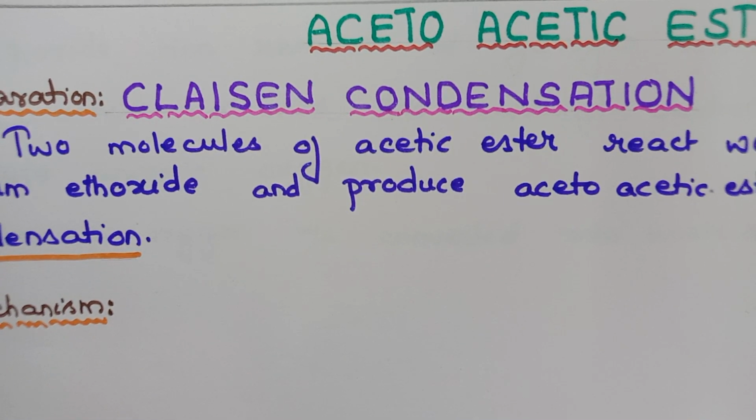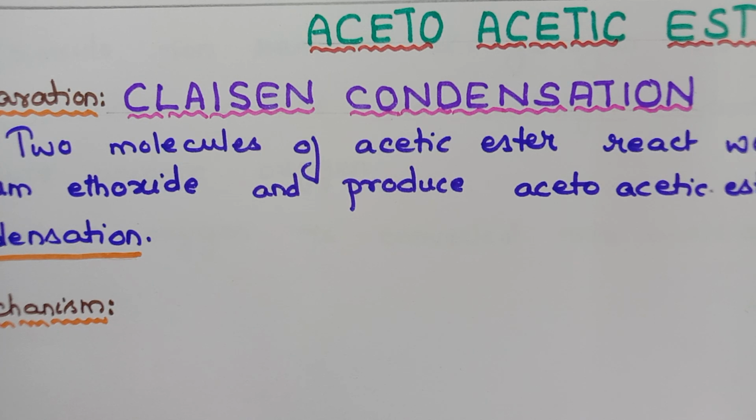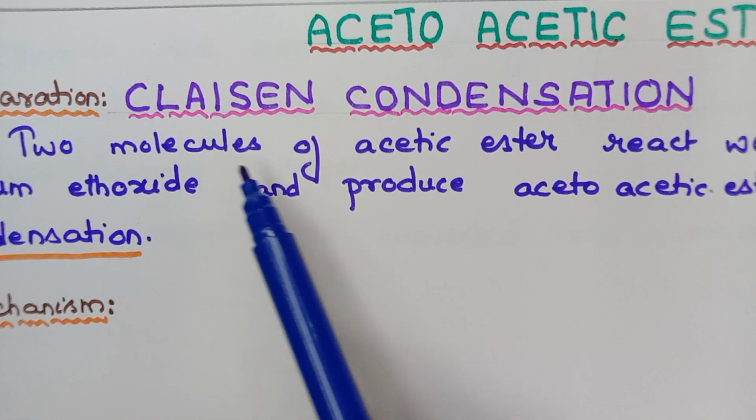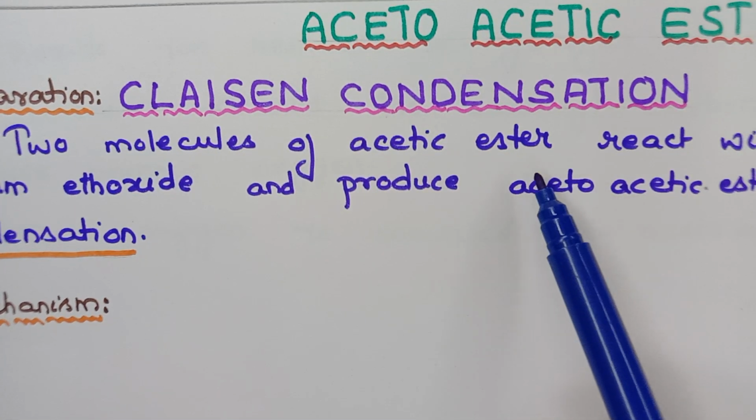It's a very important named reaction. What is this Claisen condensation? Students, here two molecules of acetic ester react with one another in the presence of a base called sodium ethoxide and produce acetoacetic ester. Okay, here you can see two molecules of acetic ester.